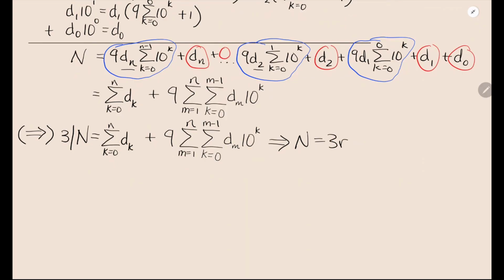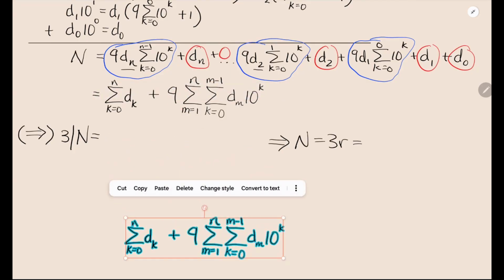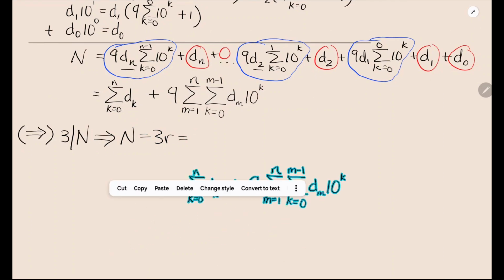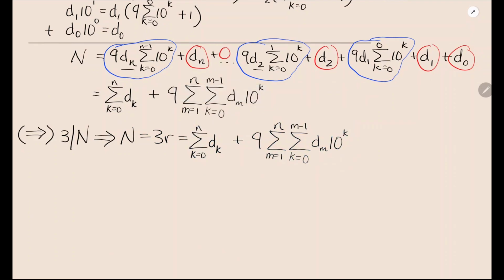So this means that n is equal to 3r. Let me write it like this: 3 divides into n, which implies that n is equal to 3 times r, which is actually this other way to write capital N. Now, this right here is 9 times this quantity, and this quantity is some other positive integer.